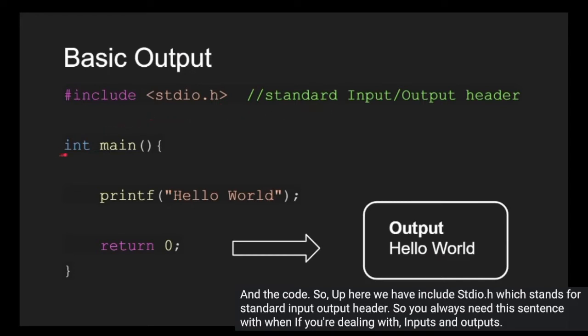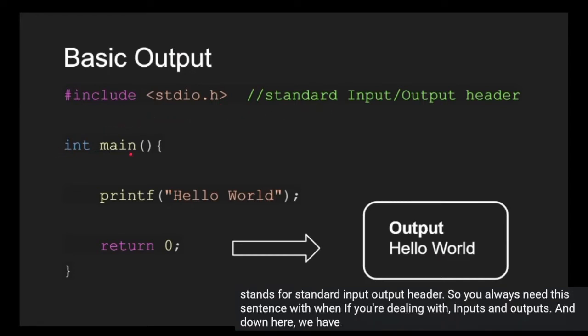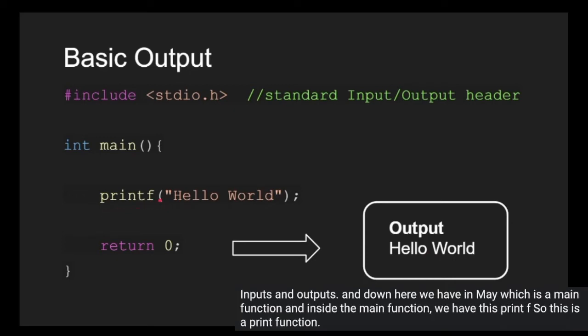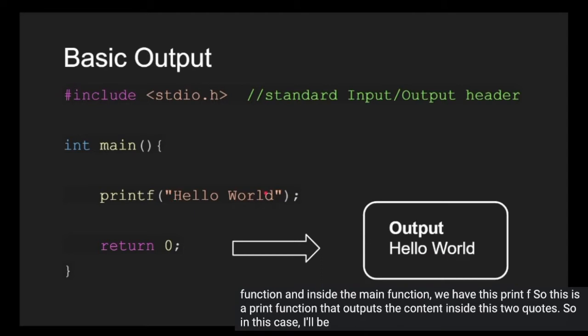And down here we have int main, which is the main function, and inside of the main function we have this printf. So this is a print function that outputs the content inside these 2 quotes. So in this case it will be hello world, and in the end we have a return 0 to end the program.